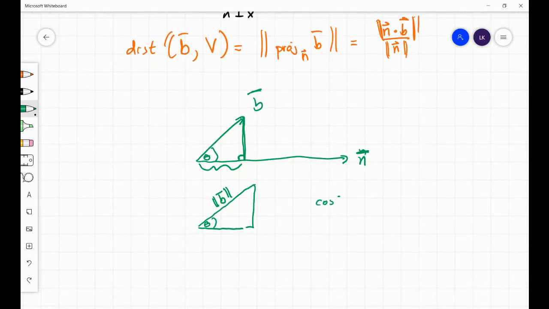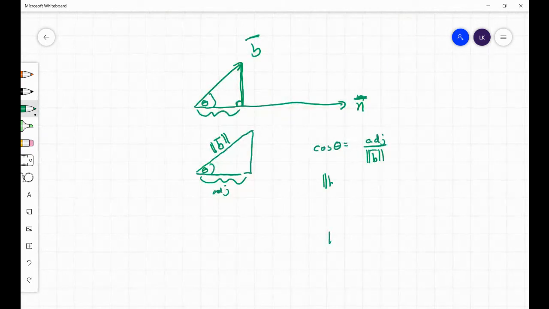So cosine of theta is this adjacent side relative to our angle divided by magnitude of B, the length of the hypotenuse. So this length would just be magnitude of B times cosine of theta.